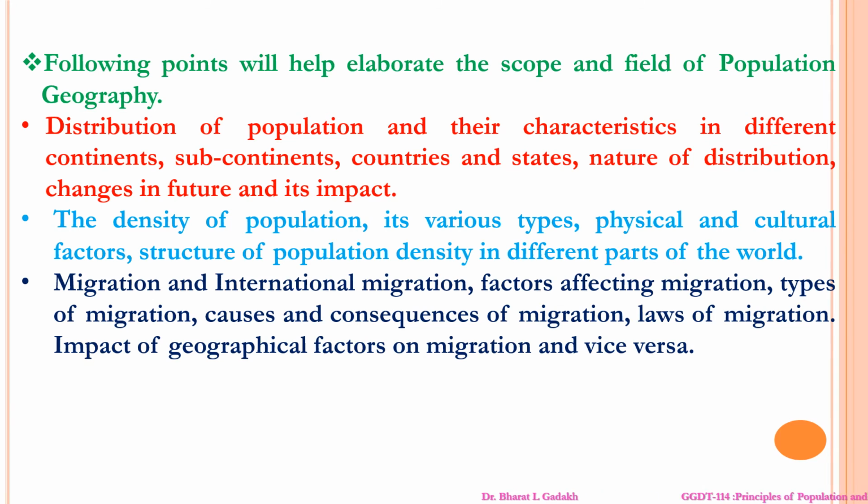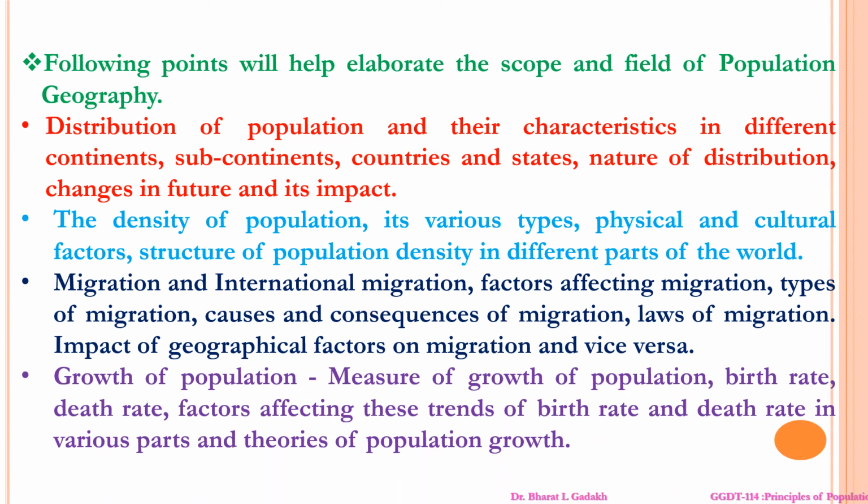What is international migration? What is the relationship between migration and other factors? Which factors affect migration? Then different types of migration, some causes, some consequences, and some laws of migration. These are the effects of geographical factors on migration.